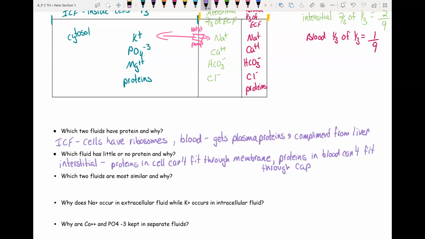Okay, the two that are the most similar are your interstitial and your blood. And the reason for this is because capillaries have holes. Remember, you've learned this. Capillaries have holes. You want exchange. You need stuff moving in and out of the blood at capillaries.